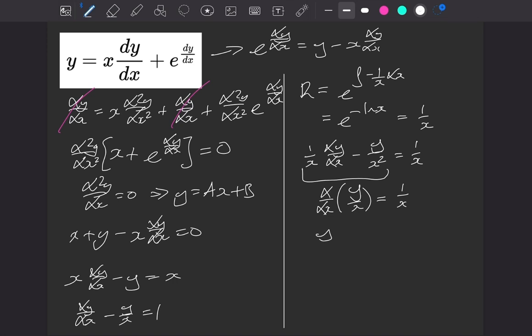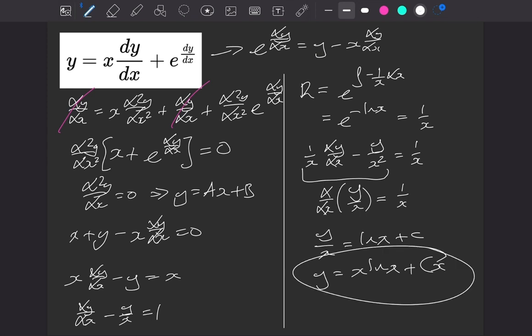On the left, we'll have y/x, and on the right, we'll have the natural log of x, and we'll add a little constant in. Multiplying by x to get y by itself, y is equal to x ln x plus some constant times x. So two solutions, one over here, and a straight line as well on the left-hand side.